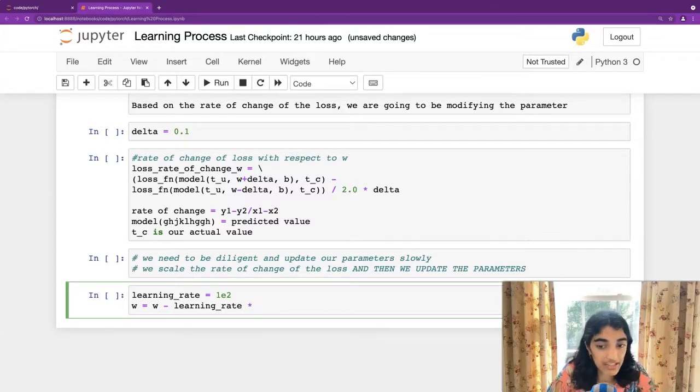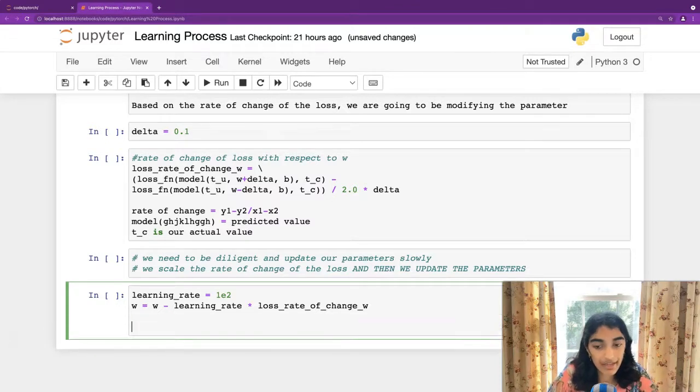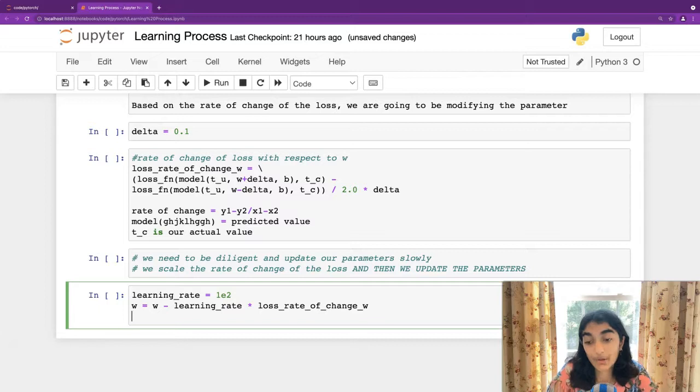Okay, that's the value we're scaling, times the rate of change of loss with respect to W. So that's what we're doing, and we need to scale it by a small number called the learning rate. And you can pick the learning rate. It can be whatever you want as long as it shows you the results that you want.